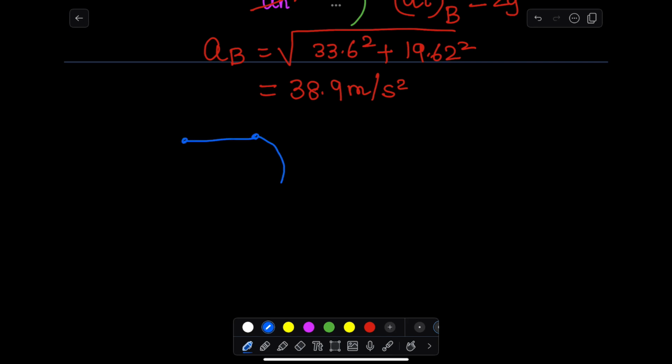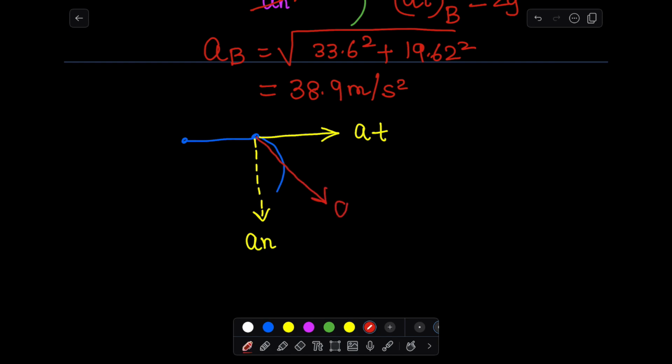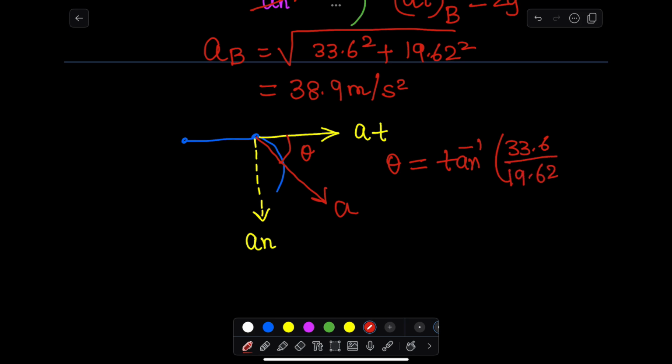Now let's make a vector diagram for the at we have calculated and for the an. At the point B, at will be along the horizontal line, and you know that an will be towards the center, so you can easily draw an an line. The resultant a is shown here, and there is an angle theta, which you can easily calculate because you already have the values for an and at.